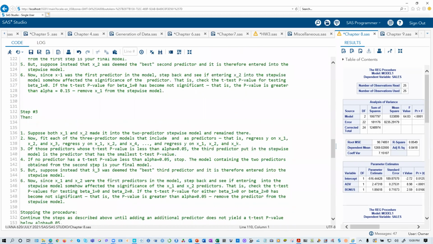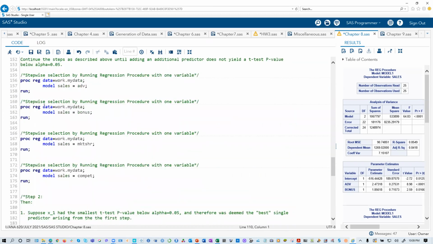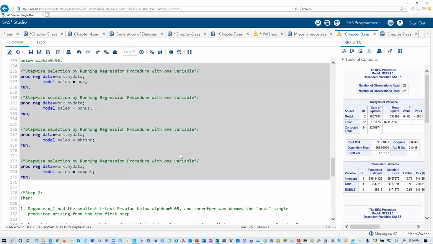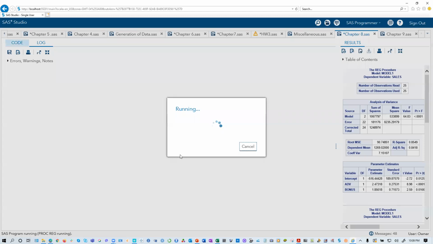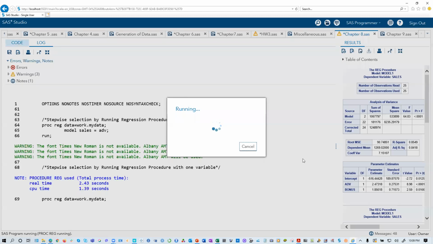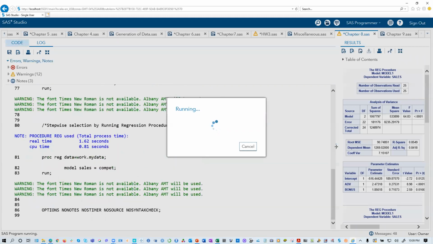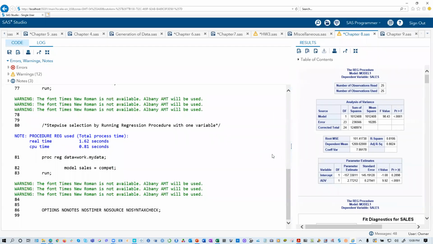I'm going to run all of these separately, and see which one is the most significant one.